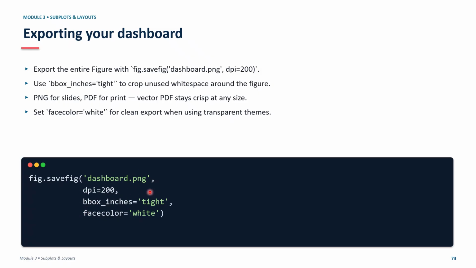DPI 200 will give you a very good resolution. It is dots per inch, so more dots, sharper the image, and larger the file. You can use 150 to 200 DPI for a good quality image, and if you want it for publication, you can go with 300 to 600 DPI, which is going to be very sharp.